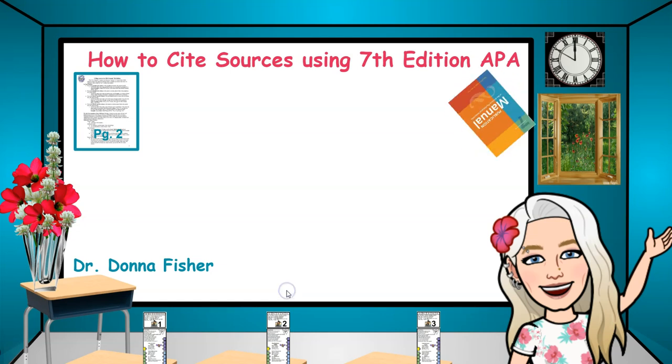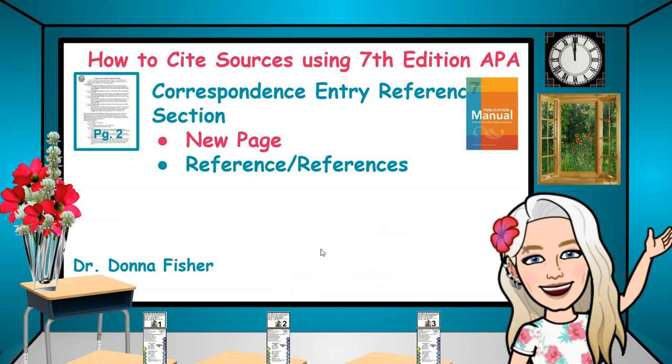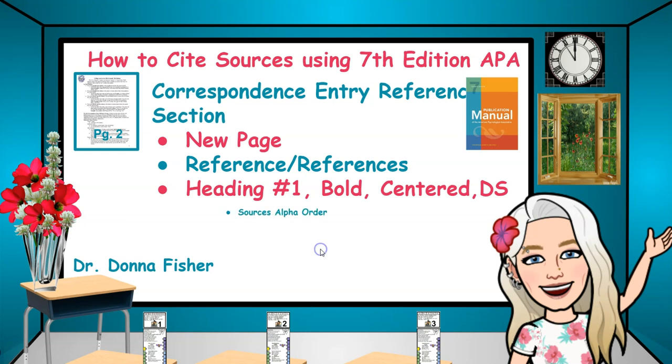All right, so now we have the reference section. This begins on a new page. The reference, you'll title it. It'll be in Heading 1, bold, centered, and double spaced. You'll put "Reference" if it's only one reference, "References" if it's more than one reference, and the sources will be in alphabetical order.